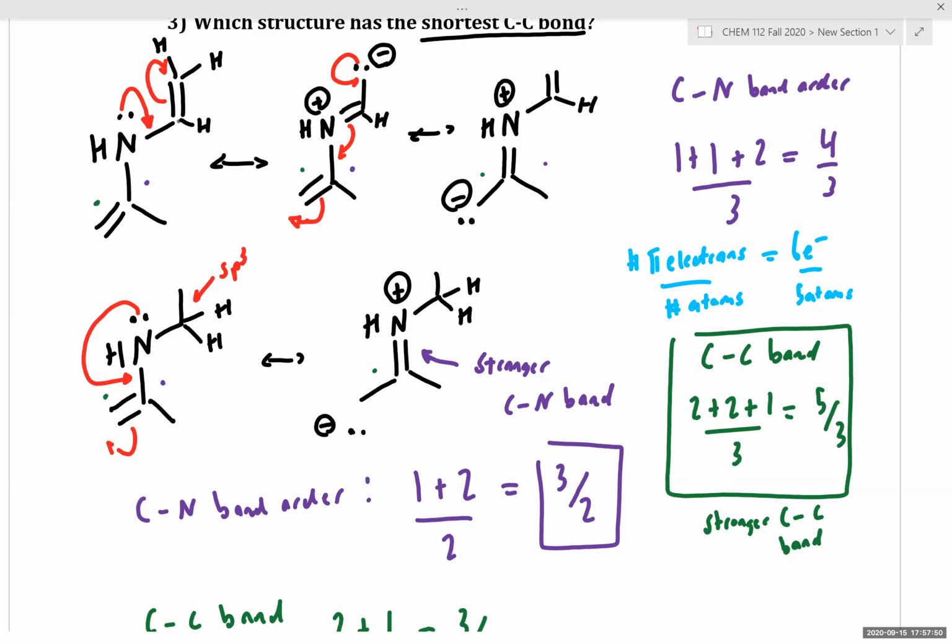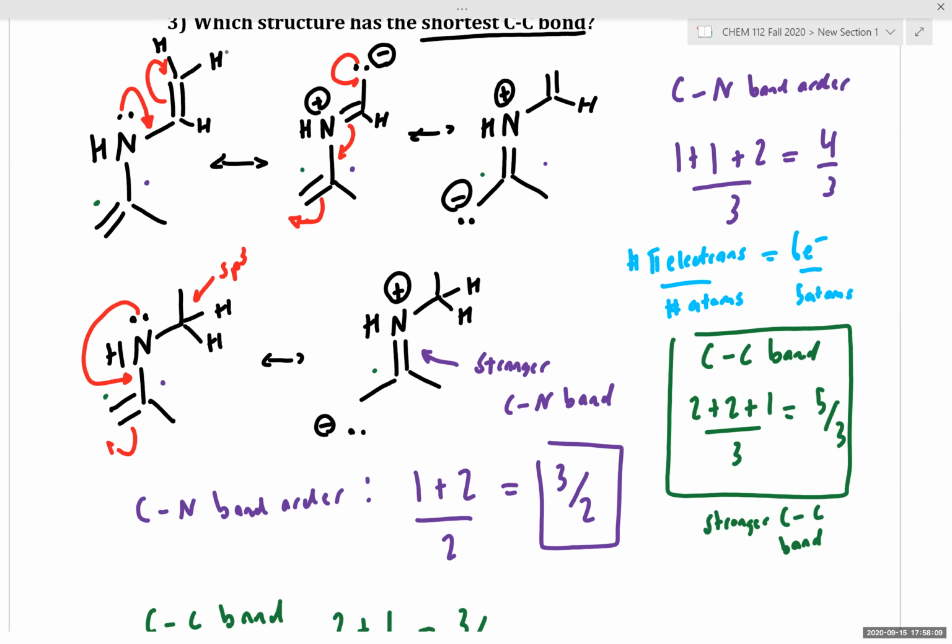Yeah, and that's partially why, especially early on when you're drawing resonance structures, try to draw out the implied hydrogens, as that can make many common errors very apparent and obvious.